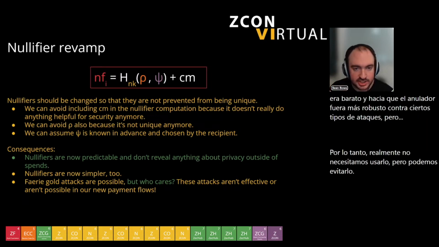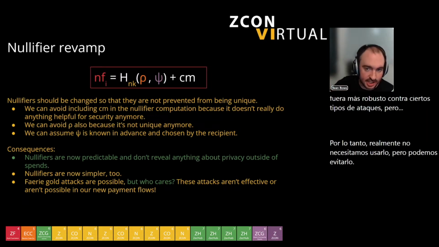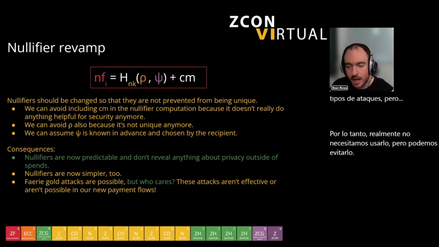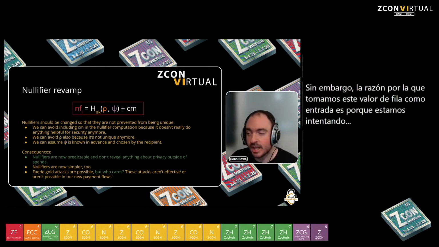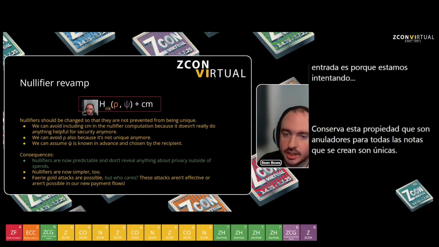However, the reason we take this rho value in as an input is because we're trying to preserve the property that the nullifiers for all the notes that are created are unique from one another in the blockchain.